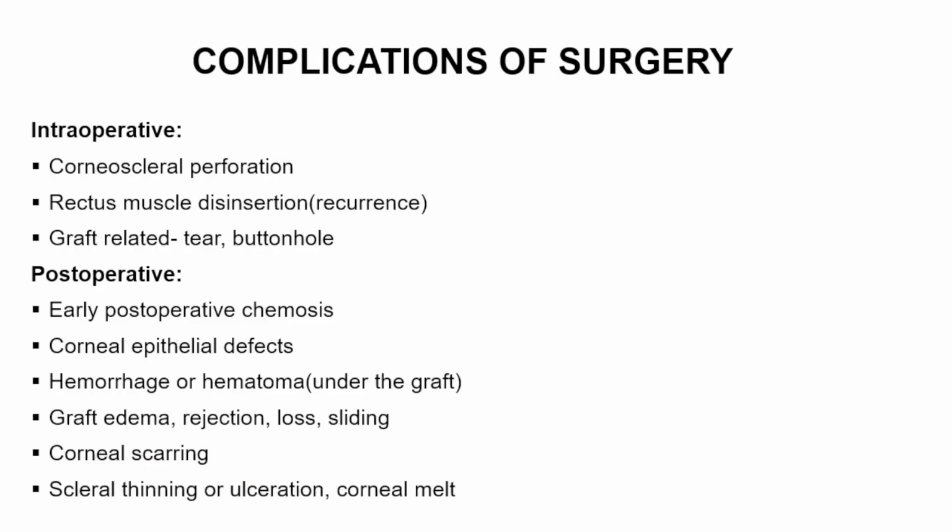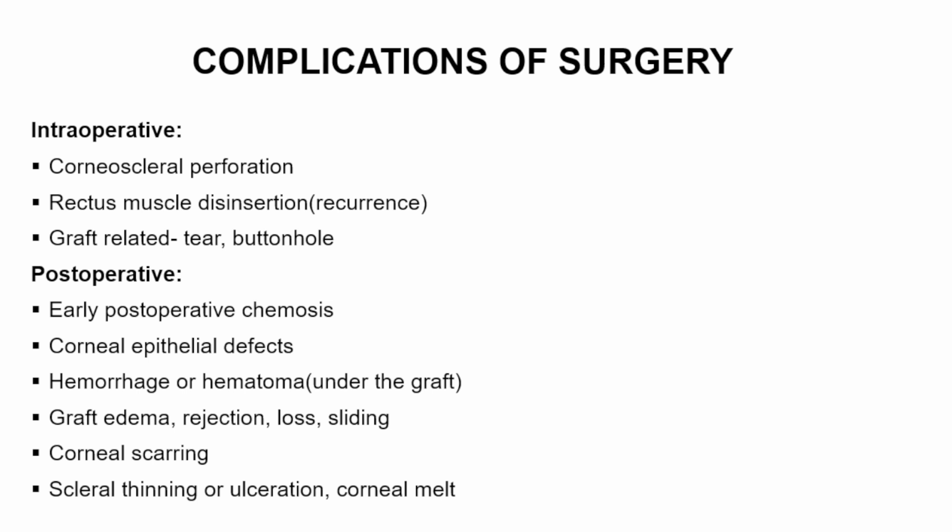Complications of surgery. As we know, there are complications in surgery. Perioperative anesthesia complications. Intraoperative complications: corneoscleral perforation in deep dissection, and if it is a wider dissection, the rectus muscle can get disinserted.